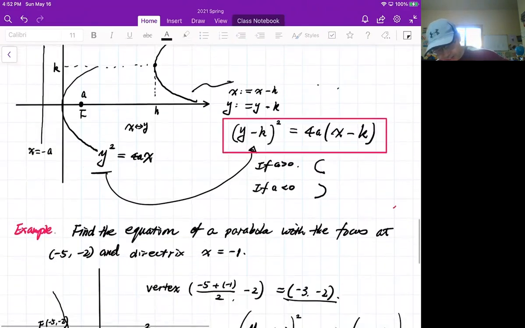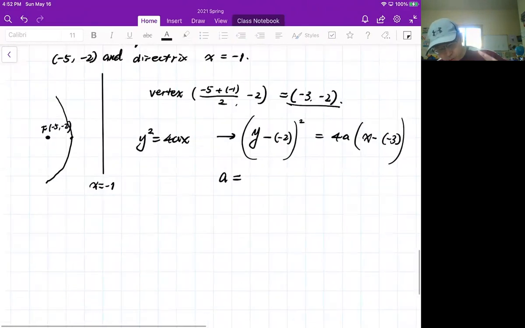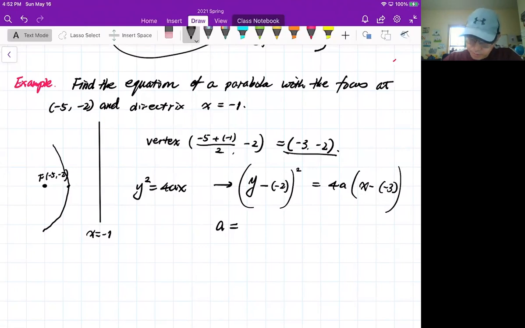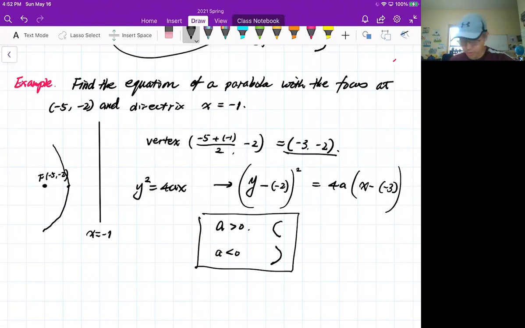So if a is bigger than 0, it opens to the right, and otherwise it opens to the left. If a is smaller than 0, I open to the left. Okay.